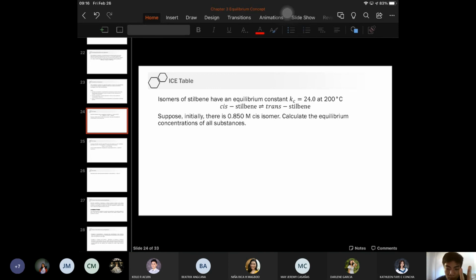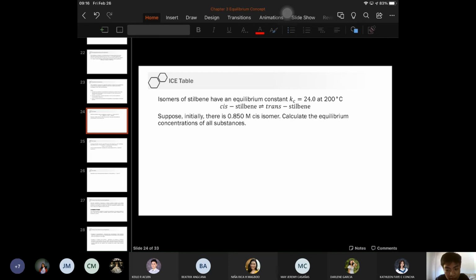Second one, if both x values are positive, then you choose the x that is less than the initial concentration. Because if your x value exceeds the initial concentration, then most likely you will get a negative concentration at equilibrium for that species, and that's wrong.